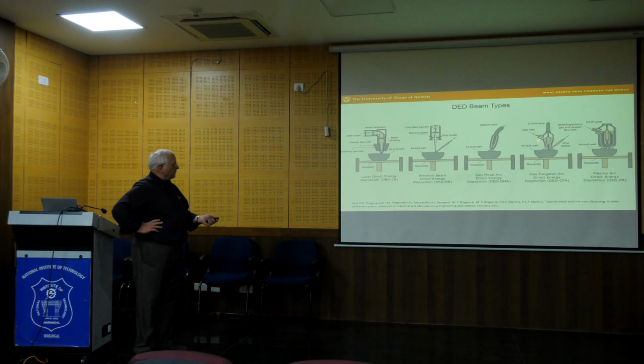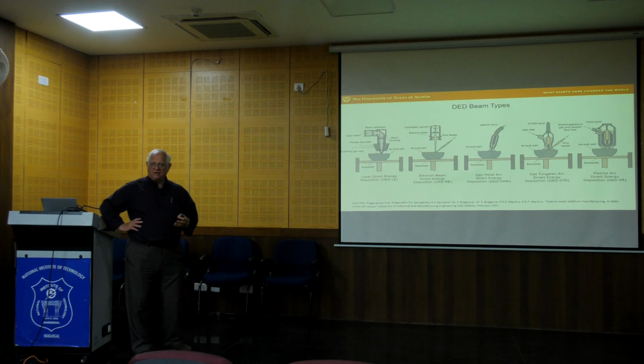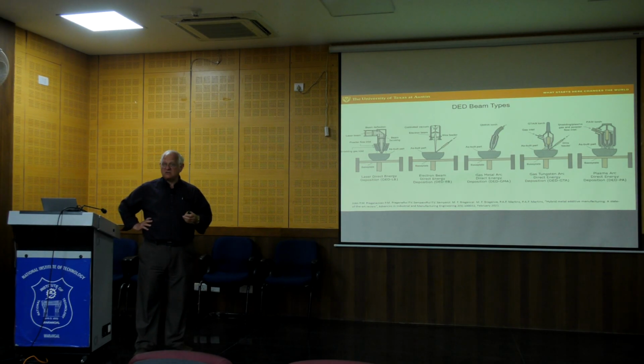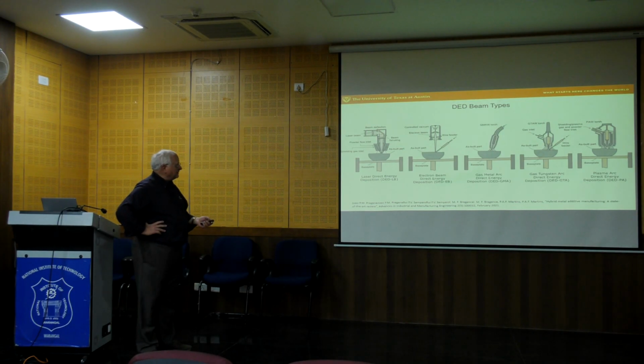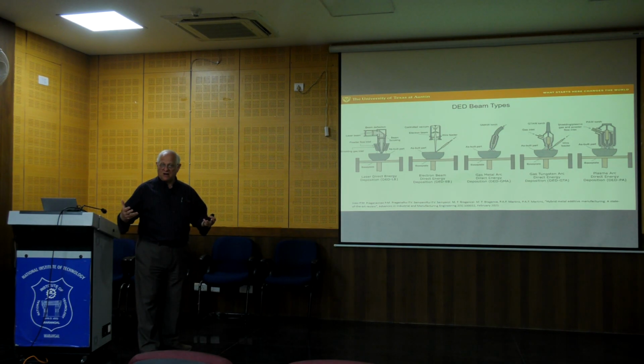For tungsten arc welding, here you can see the metal coming down and being deposited. For gas tungsten arc deposition, so-called GTA, up here is a tungsten electrode, just like TIG or tungsten inert gas welding. The electrode is permanent; it does not melt. It maybe abrades, but it doesn't melt. And the arc is created, but then we have to provide the feedstock separately.